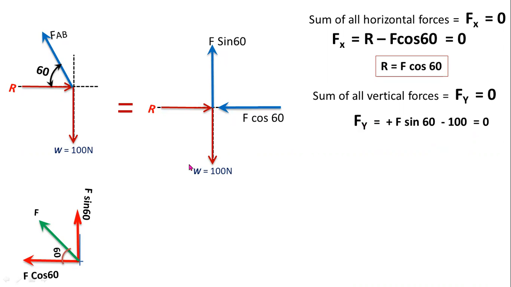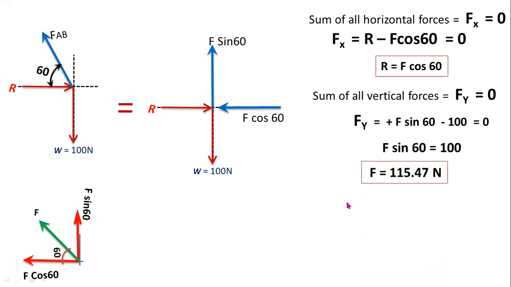You have to consider a minus sign for the downward direction, so minus 100. So F sin 60 minus 100 equal to 0. F sin 60 equal to 100. Now F equal to 100 by sin 60, which equals 115.47 newtons. This is the force induced in the tie rod.